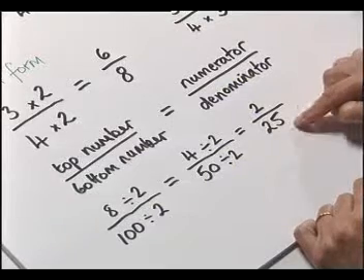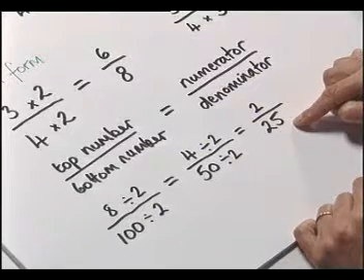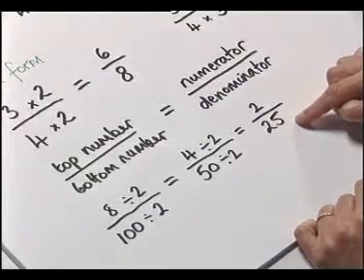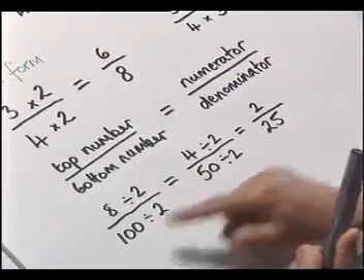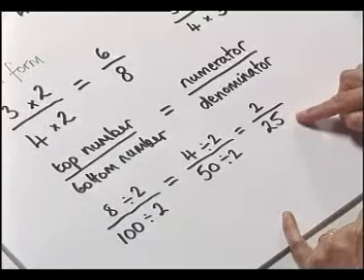Now 2 doesn't go into 25, so therefore we've found the fraction in its lowest form. So 8/100ths, the lowest form, is 2/25ths. So when a fraction is in its lowest form, the only number that will go into both the numerator and the denominator is 1. Those numbers have no other common factor.